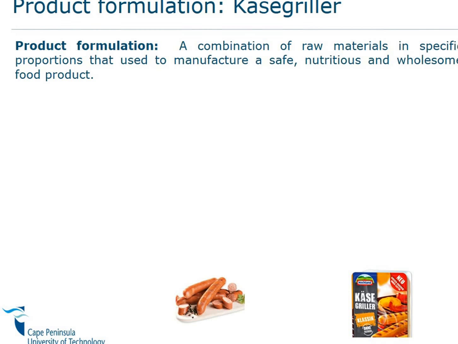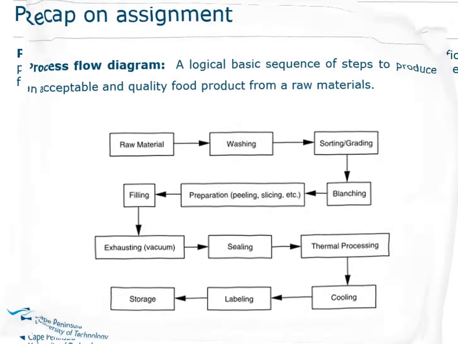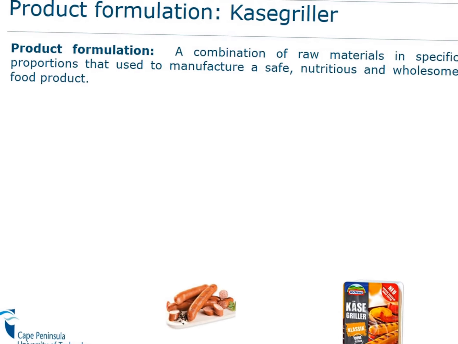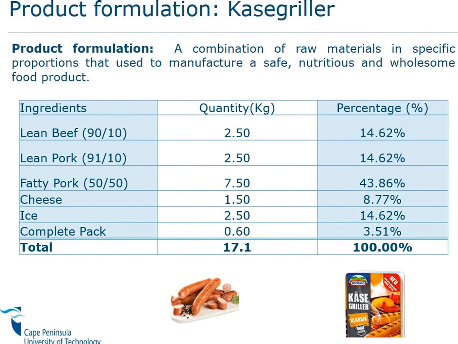So if we look at a product formulation for a Kasegriller, which is a type of sausage that contains cheese, on the left here you have in your ingredients lean beef, which is a 90:10 ratio, lean pork, fatty pork, and cheese. They also use ice and the complete pack. The complete pack will be the spices that go in there.